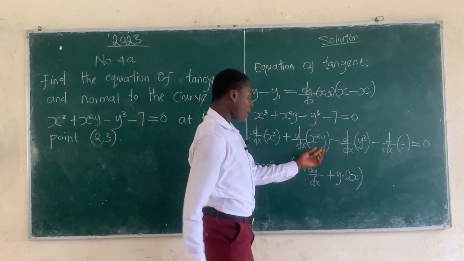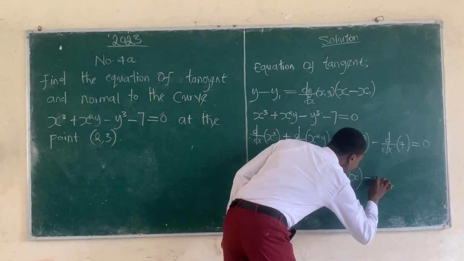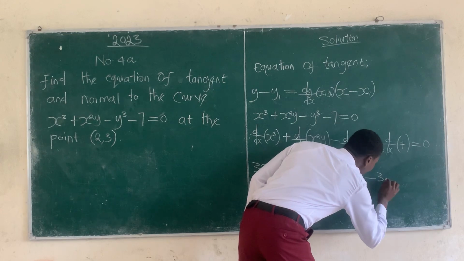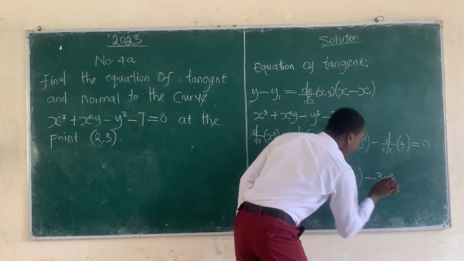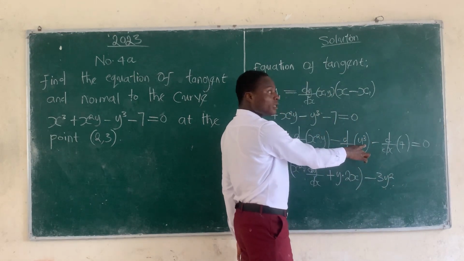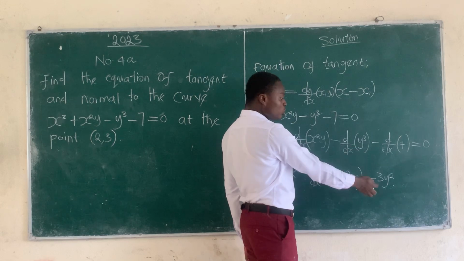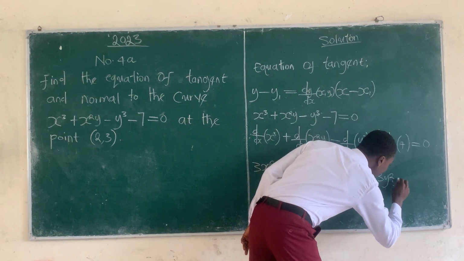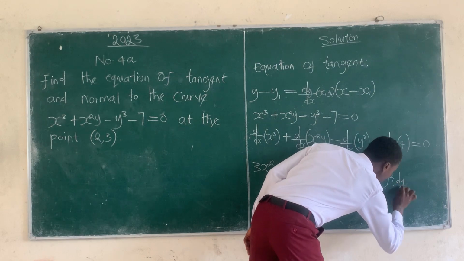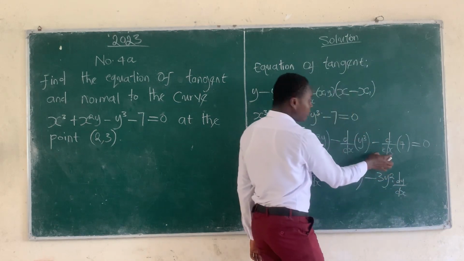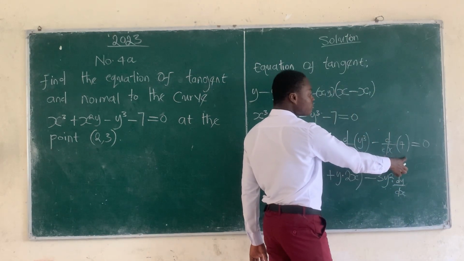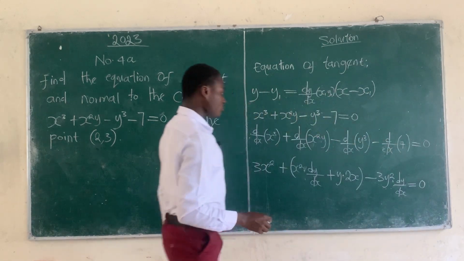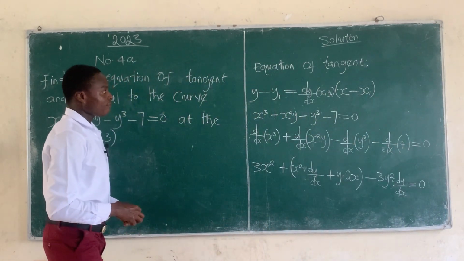The next one is minus. Differentiating y cubed gives 3y squared, but because y is the dependent variable, we multiply by dy dx. Differentiating 7 gives 0, so the right hand side is 0.